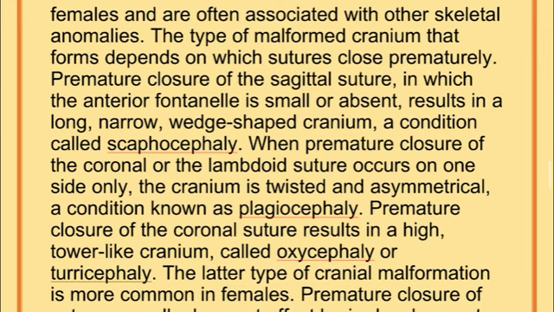When there is premature closure of the coronal or lambdoid suture occurring on one side only, the cranium is twisted and asymmetrical, and that condition is called plagiocephaly. When there is premature closure of the coronal suture resulting in a high tower-like cranium, it is called oxycephaly or turricephaly.